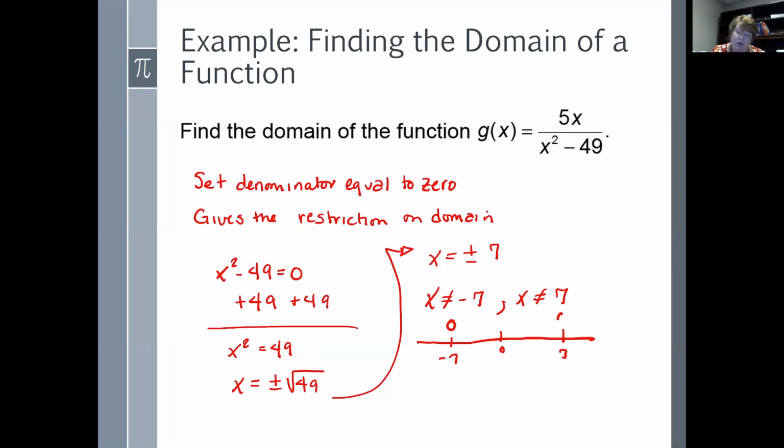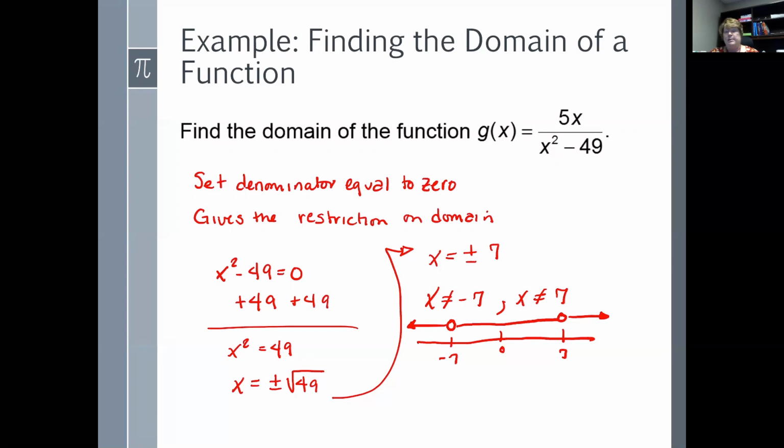I also have a hole at +7. x cannot equal +7. But anything else on the number line is okay. Any other number on the number line except -7 and +7 will be appropriate inputs into this function.